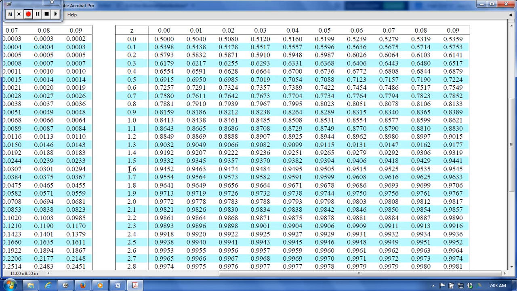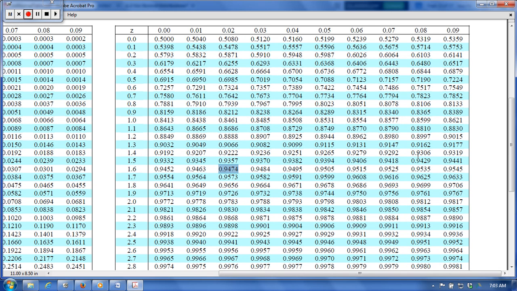And then to get 1.62, I'm going to go over. This column, if you look at the top, it says 0.00. So this will be 1.60. Over here I have 0.01, so this will be 1.61, and this guy would be the value for 1.62. Okay, that would be 1.62.